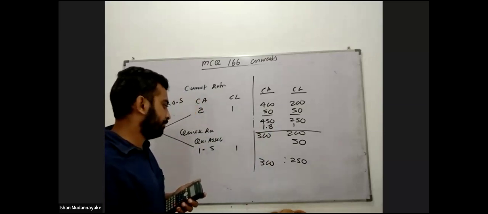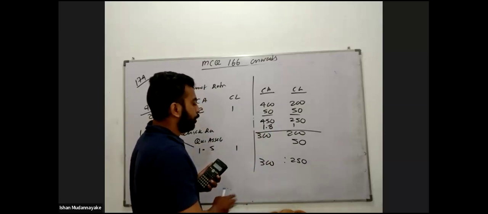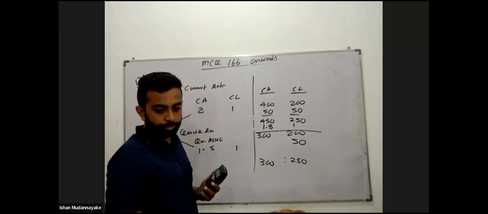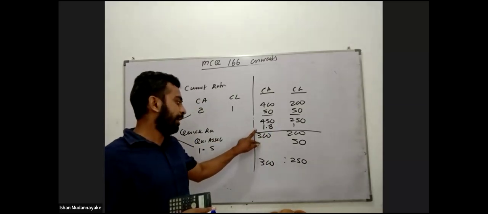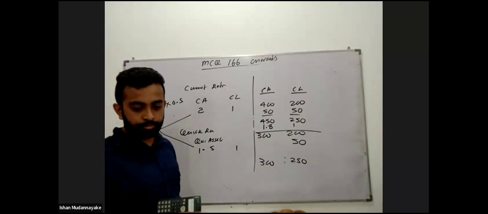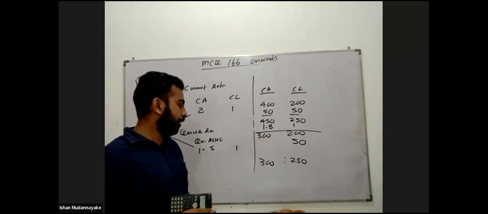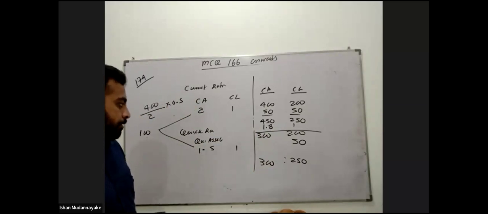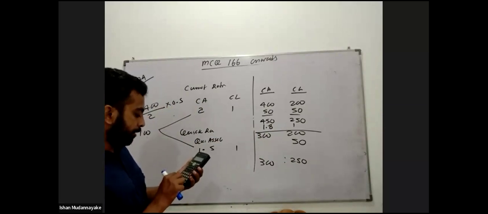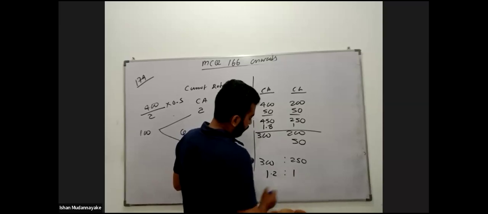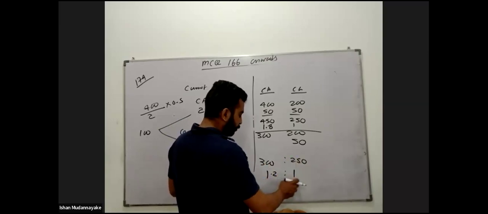When you calculate quick assets you can't add stocks, so quick assets stay at 300, no change, but current liability is 250. Then 300 divided by 250 is 1.2 to 1.